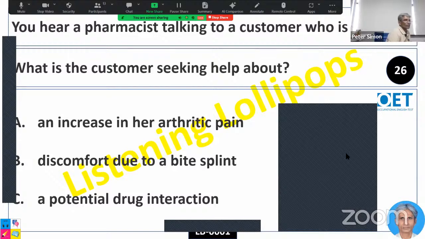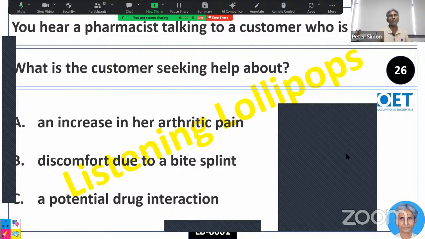Drug. Very good. Drug interaction. Arthritic pain, pain related to arthritis.